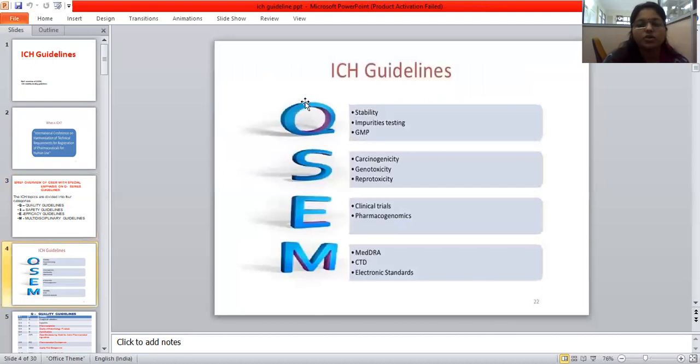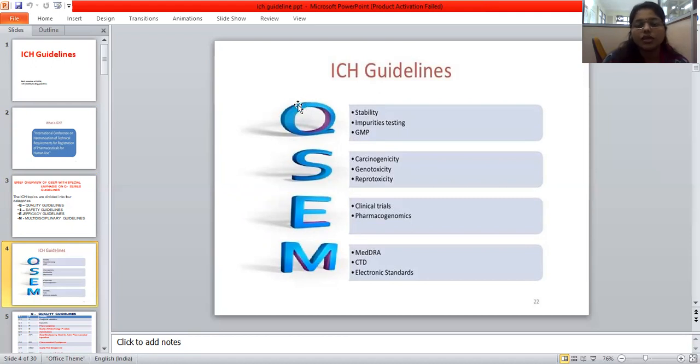The quality guidelines relate to stability, impurity testing, and good manufacturing practices. We already saw what good manufacturing practices means, from personnel to premises, equipment, and packaging, our particular area or premises. Everything comes under GMP.